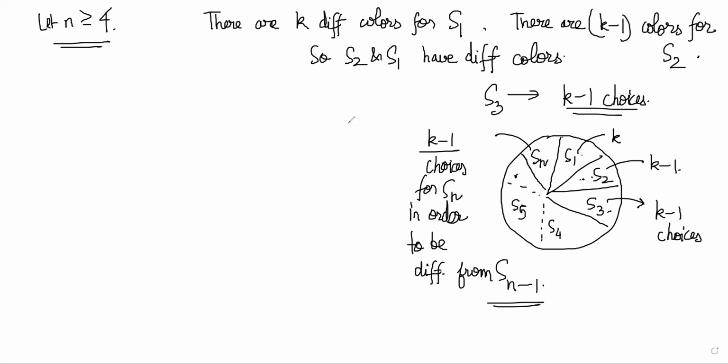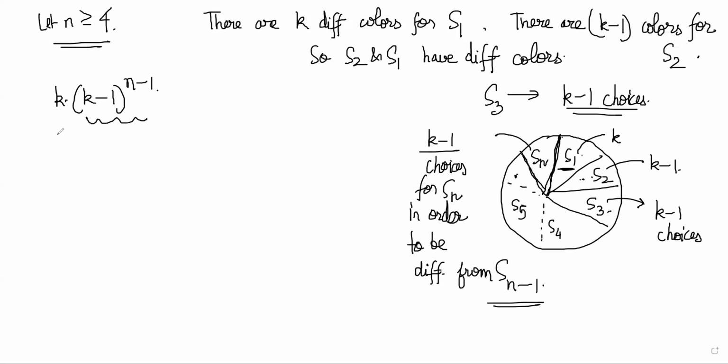So if you keep counting like this, remember that for the last sector we have a complication that the first sector is already colored, right? So for now, I'm ignoring the complication and I'm saying that the total number of coloring methods is k into k minus 1 power n minus 1.